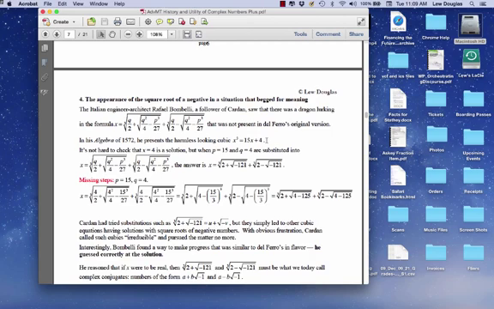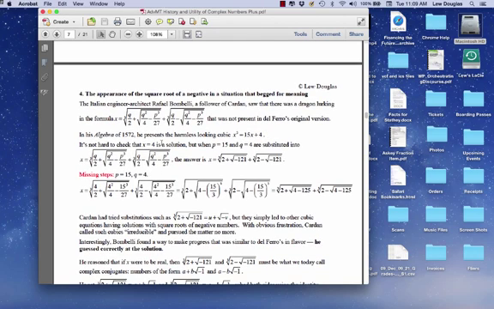Okay. It's not hard to check that 4 is a solution. Because 4 cubed is 64, and that's equal to 15 times 4, which is 60 plus 4. So 4 is obviously a solution to this.